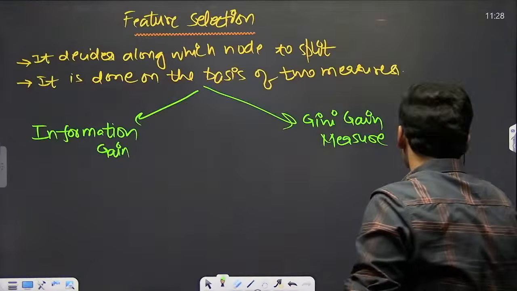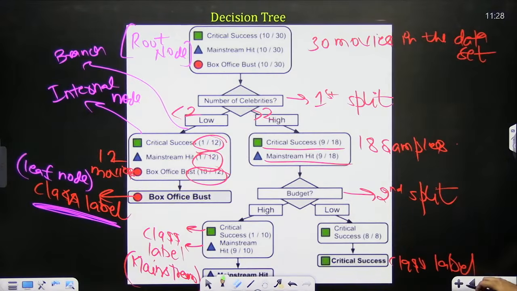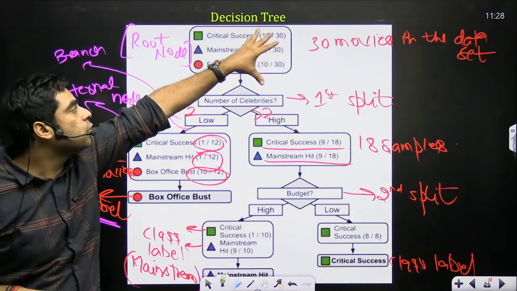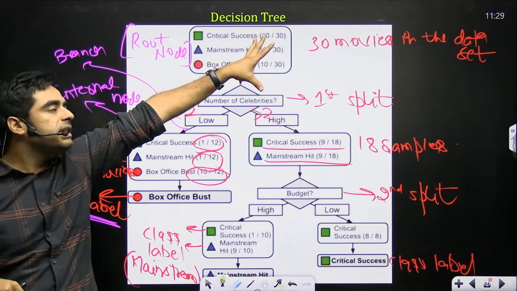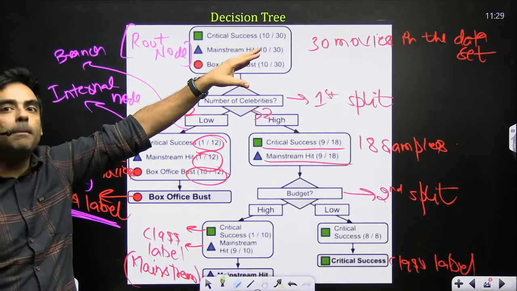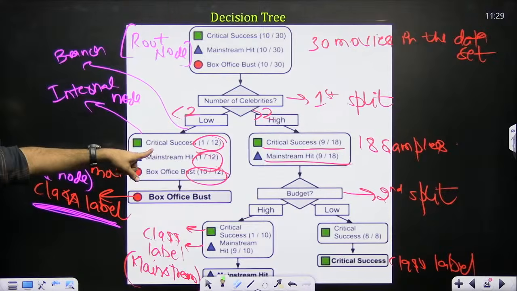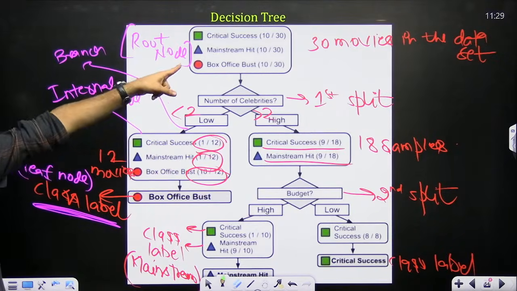In this data set, what would be the entropy of this root node? If I compare the entropy of this root node and the entropy of this internal node, which would be higher?